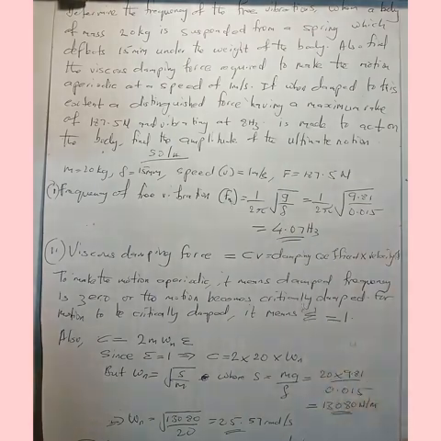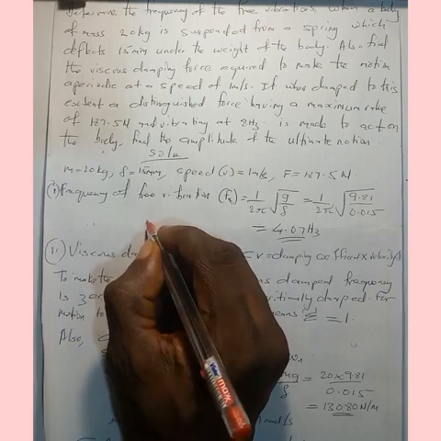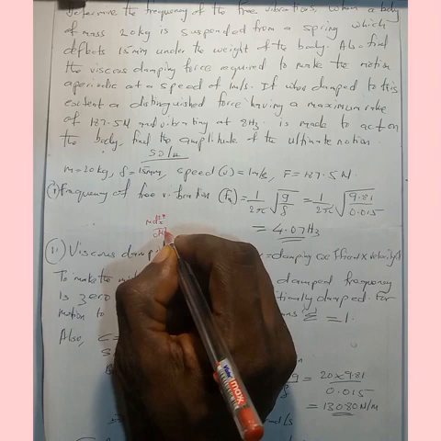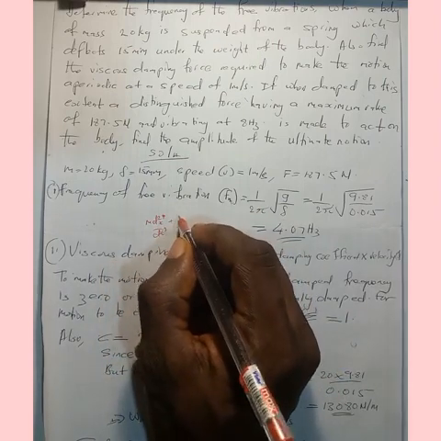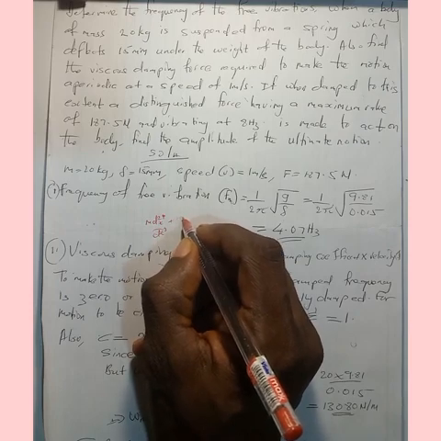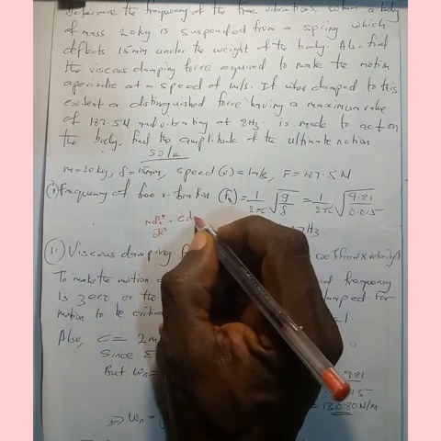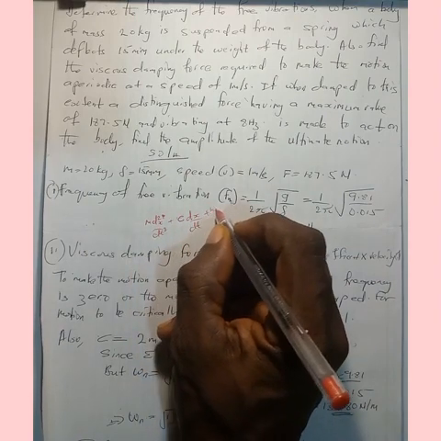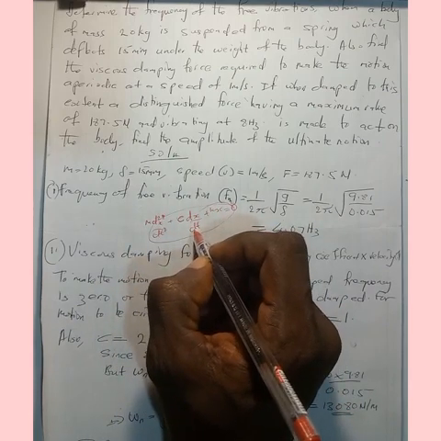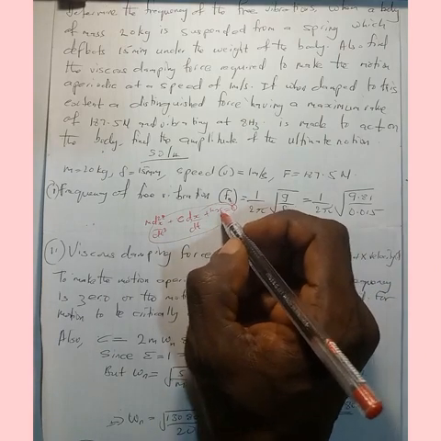Of course, you remember in the equation of motion, we have m d²x/dt² plus c dx/dt plus kx, all equals 0. So dx/dt here is your velocity and c is the damping coefficient. This kx is your stiffness times displacement.